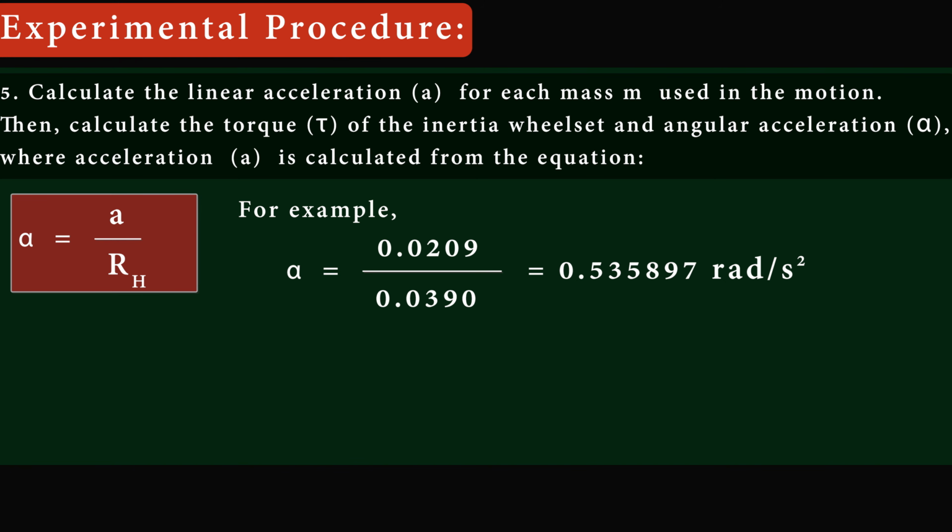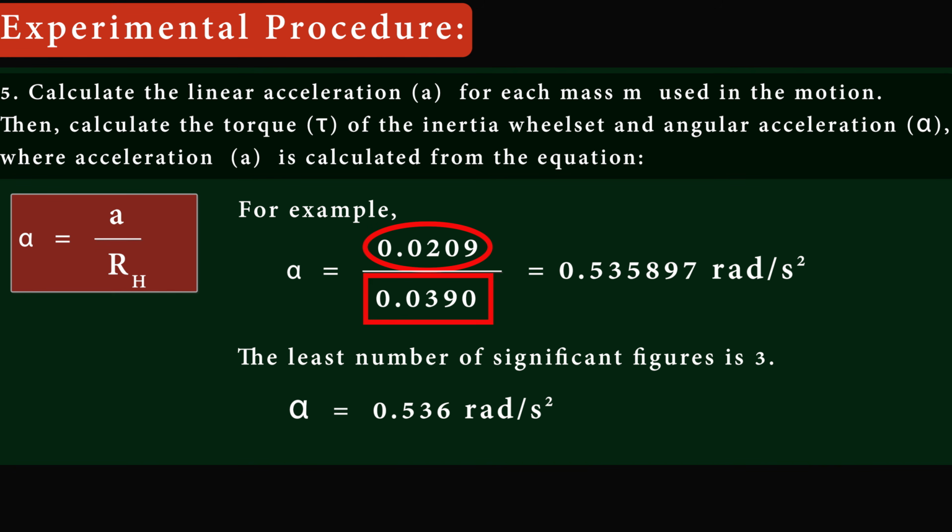For example, alpha equals 0.0209 divided by 0.0390, which equals 0.535897 radians per second squared. 0.0209 has 3 significant figures, and 0.0390 has 3 significant figures. The least number of significant figures is 3. Therefore, the angular acceleration, alpha, is equal to 0.536 radians per second squared.